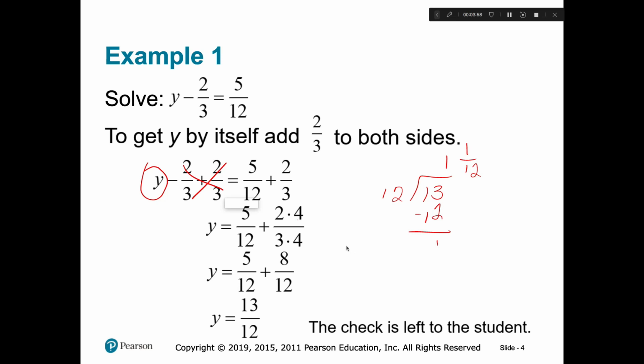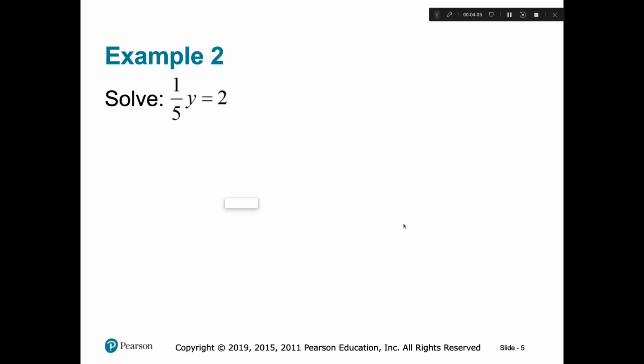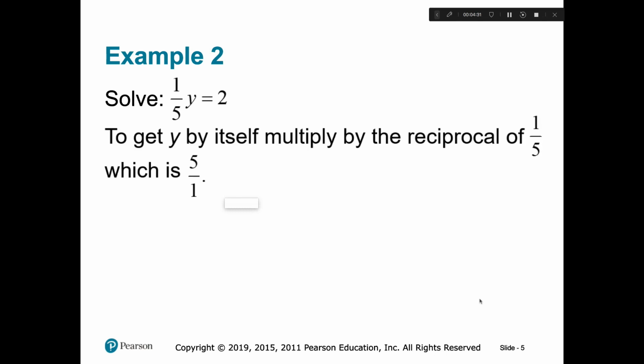Ready to go on? Okay. Now we have 1/5 times y equals 2. If I am solving for this, I have to do the opposite. What's going on in this equation right now? Multiplying. So we're going to have to divide. If I divide by 1/5, those are going to cancel out my 1/5 on the left-hand side.